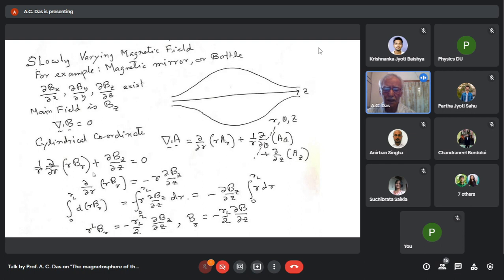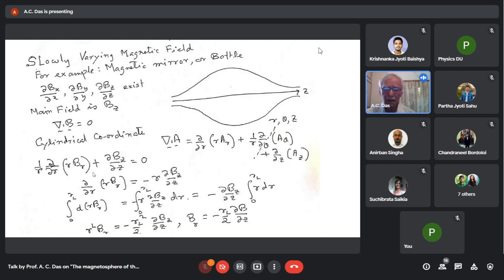So we can write down the equation of motion, the parallel component, m dV parallel by dt equals q by c v cross B parallel, and then you get q by c v perpendicular Br. This is replaced by what we got earlier, r_L by 2 dBz by dz, and finally that is equal to minus mu dB by dz.